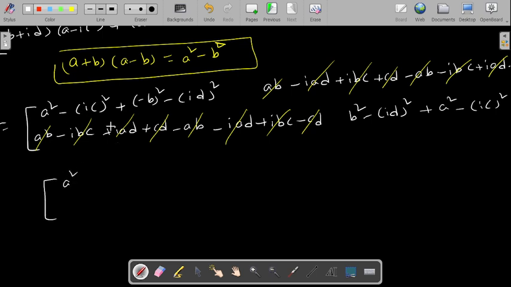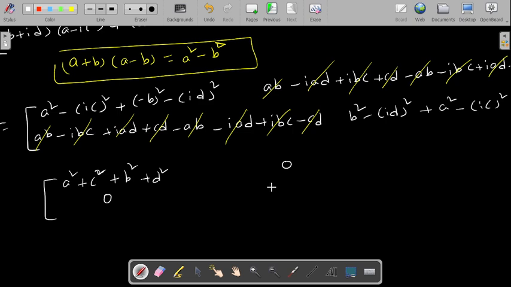A square minus iC whole square is A square, i square is minus, so minus into minus plus C square. Next, B whole square means B square, iD whole square, i square is minus, that means minus D square into minus plus D square. Next is 0.